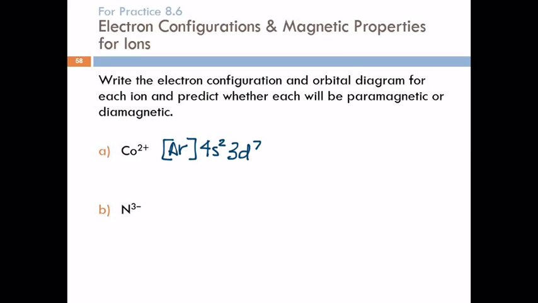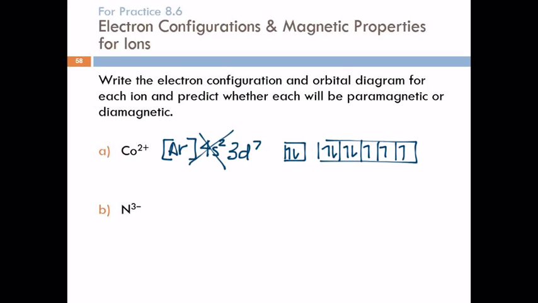Okay, so if we make a cobalt 2+ ion, what electrons are we pulling off? The 4s electrons are getting taken off. So the orbital diagram for the valence electrons started out like this, right?